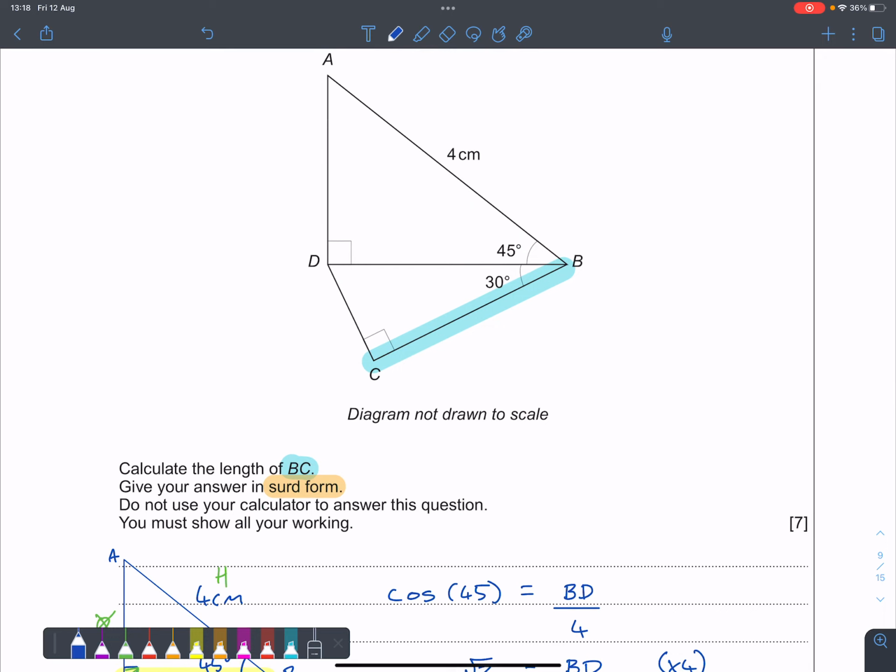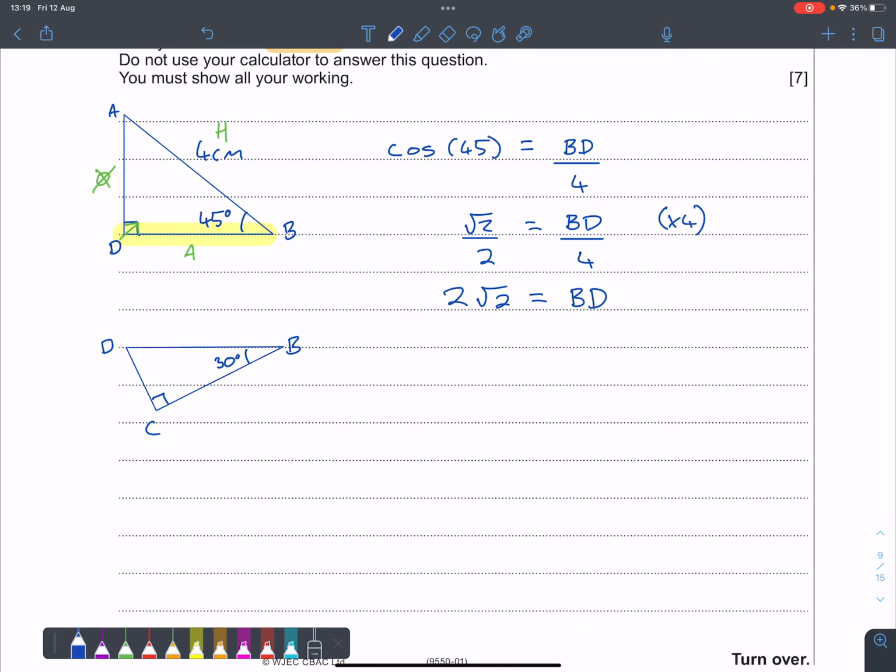Once I know my BD, I'm going to look at this second triangle, the BCD. So next thing, I'm going to make a quick sketch. Okay, so here's my diagram, and you can see as part of that, I have this length in here of BD, which I know from the above question is 2 root 2.